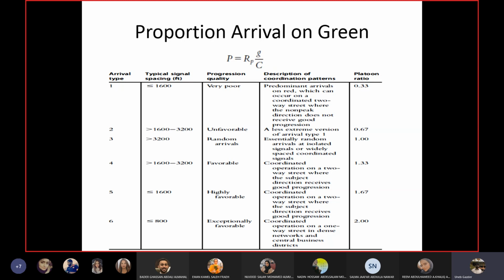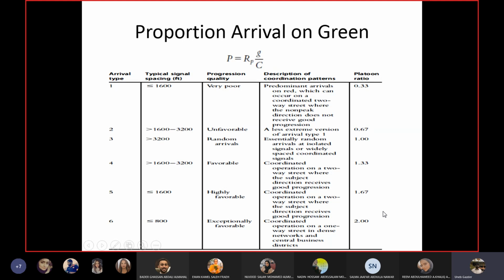So there is a problem in the design of one of the directions. Then the signal spacing is very close, so you will have poor progression quality, most of the vehicles arriving during red time, and then you will have the platoon ratio of 0.33. So these are the values of RP.